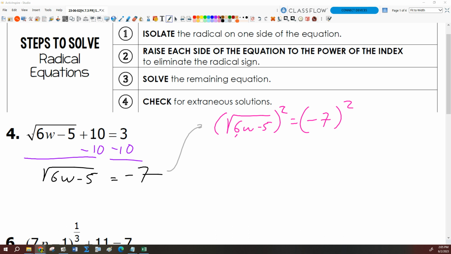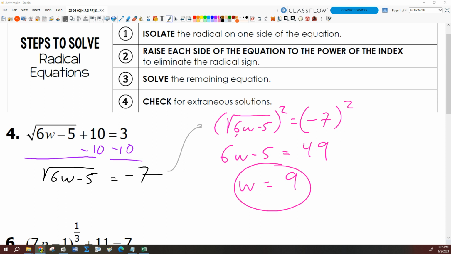Cancels it. Good. So we get rid of the square root. That gives us 6w minus 5 equals -7 squared, which is 49. And then last two steps to isolate the w. Add 5, divide by 6. Okay, what's that going to give us if we add 5 and divide by 6? We get 54 divided by 6. So w equals 9. We good?